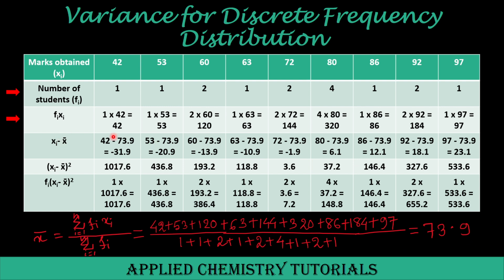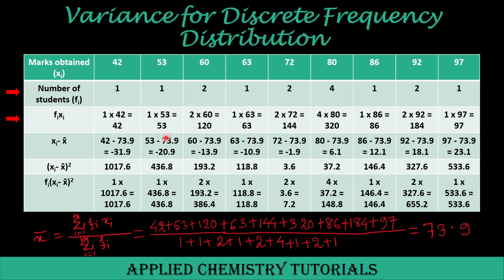Now that we have our x bar value, let's focus on the bottom part of the table. We can easily calculate the xi minus x bar term. For the given column we have xi as 42, and x bar is constant for all these columns, which is 73.9. So 42 minus 73.9 is minus 31.9.